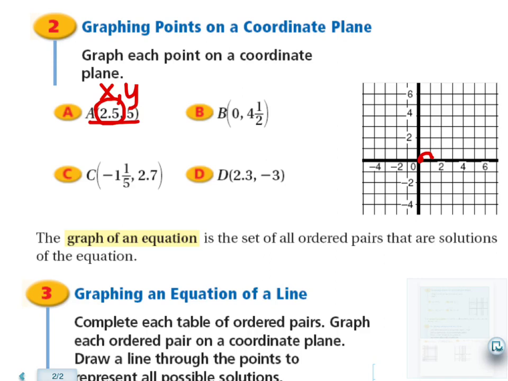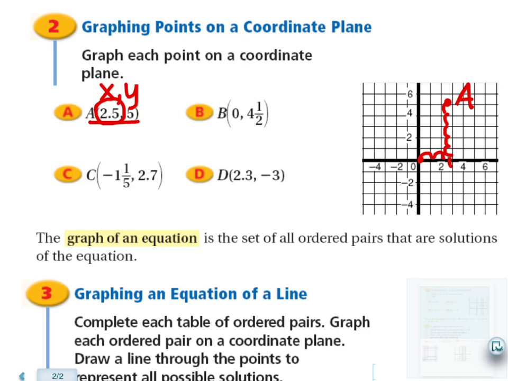Remember, start at the origin. 1, 2, and then we're going to go over just half a box more. And then we're going to go up 5. So from there, we're going to go 1, 2, 3, 4, 5. And there, right in the middle of those two lines, is going to be our point A.